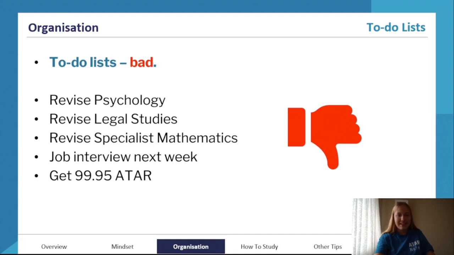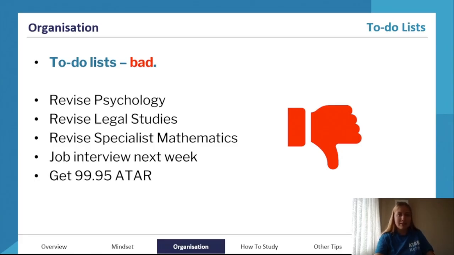But what are some things we see with this to-do list? First of all, it's not very specific. It's too vague. For our subjects, it's just saying revise, revise, revise. Also, 3 subjects in one day, that doesn't make any sense. It's not specific enough to provide us with the motivation to tick things off and do things. Instead, we want to specify, are we doing questions from our textbook?